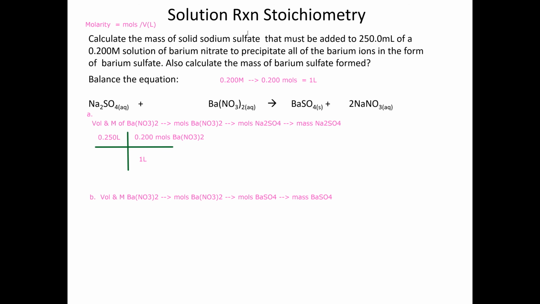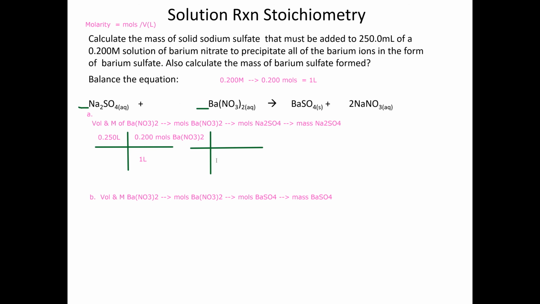The next step is that now we have moles of barium nitrate. We want to convert it to moles of sodium sulfate. So what do we know? We know that 1 mole of sodium sulfate needs 1 mole of barium nitrate from the coefficients in the balanced chemical equation.